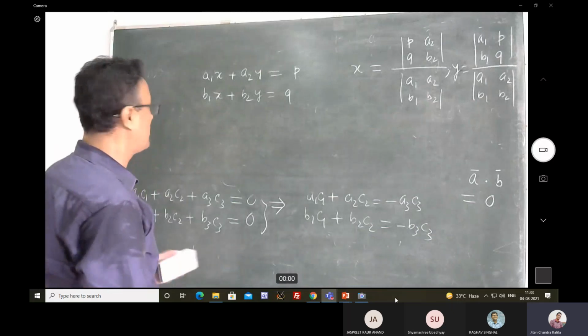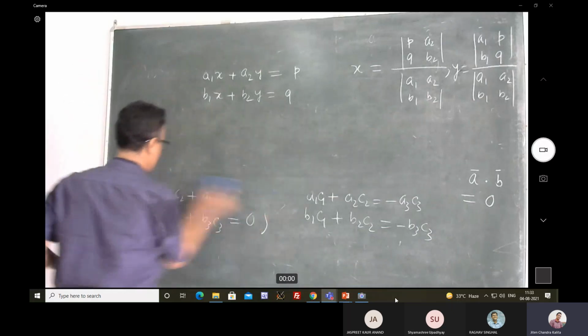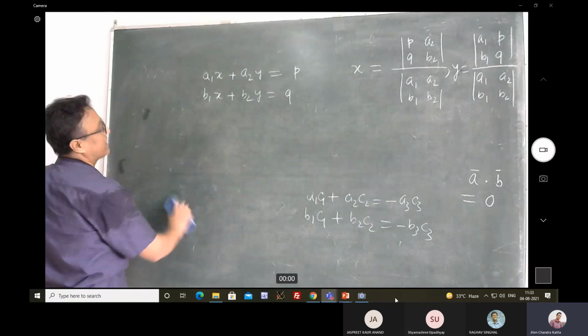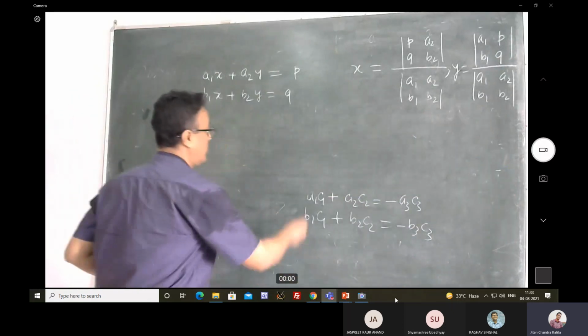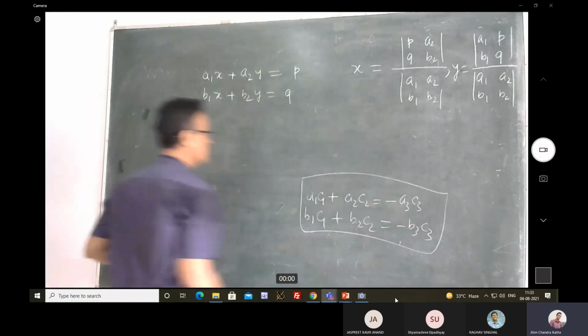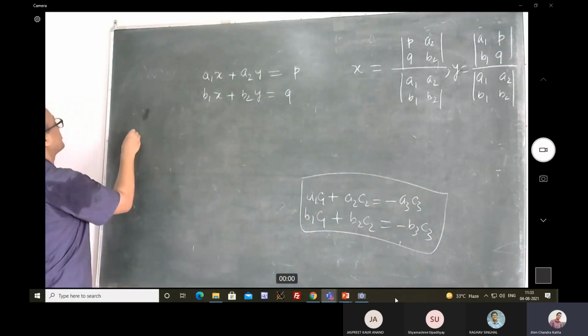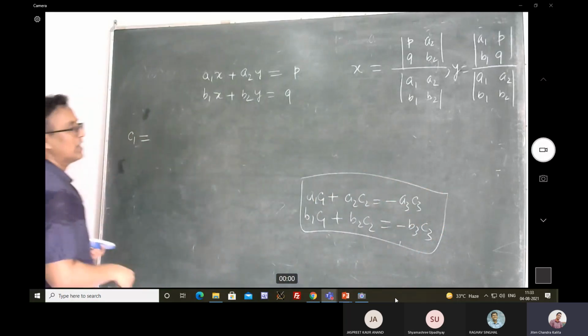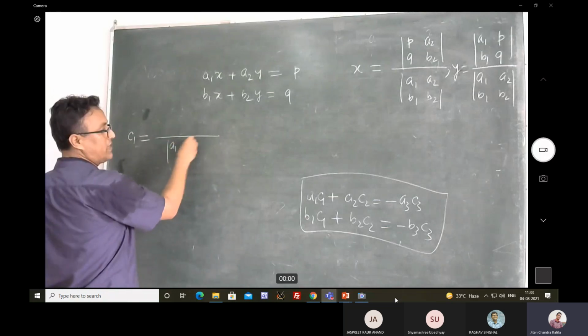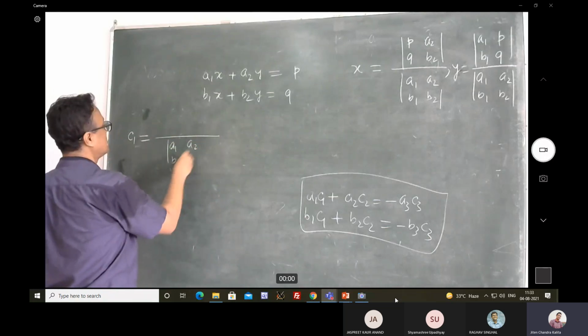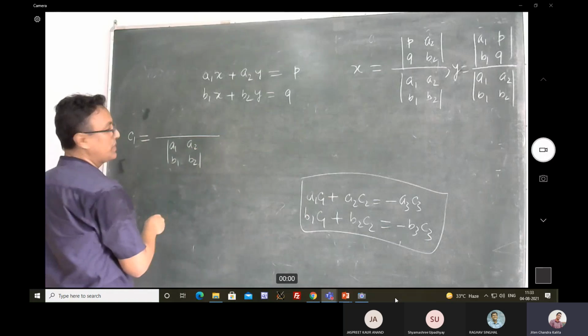Okay? So now, if I adopt the same methodology here in order to find your C1 and C2 from these two equations, then what is going to happen? Your C1 is simply the determinant with the first column replaced by minus A3 C3 and minus B3 C3, over the determinant of A1, A2, B1, B2.